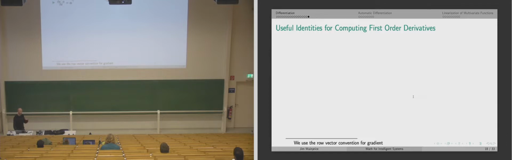If you have the dot product between an input vector and some constant vector A, and you're trying to compute the partial derivative of that, the gradient is A. If you're considering the gradient as a column vector, this would just be A. Because we are considering gradients as row vectors, this is A transpose. Note that the gradient of the dot product is completely symmetric. So if you have A transpose X or X transpose A, in both cases the gradient will be A transpose.